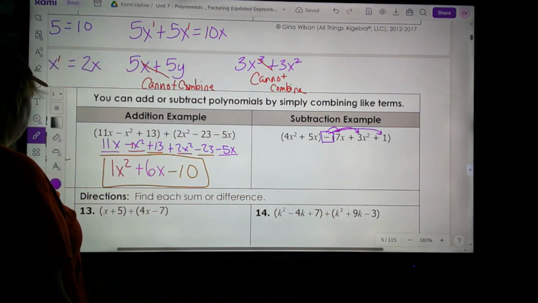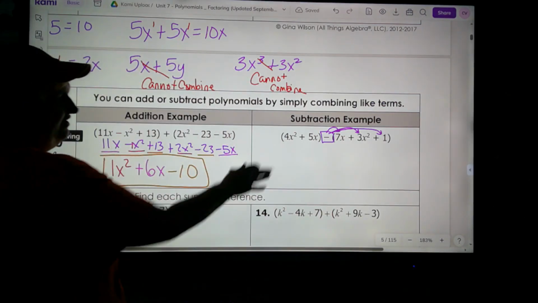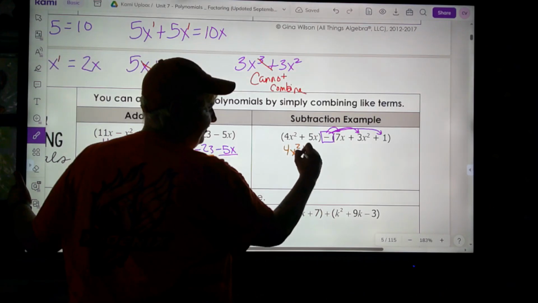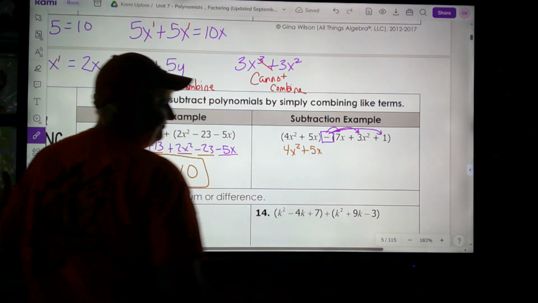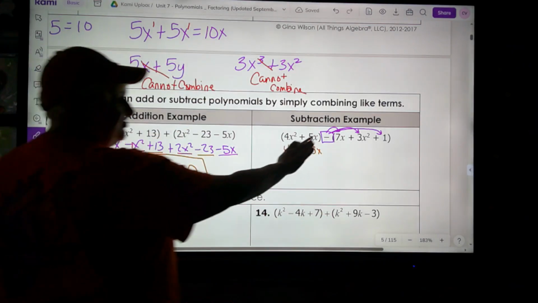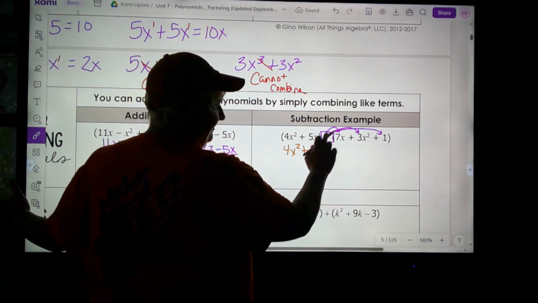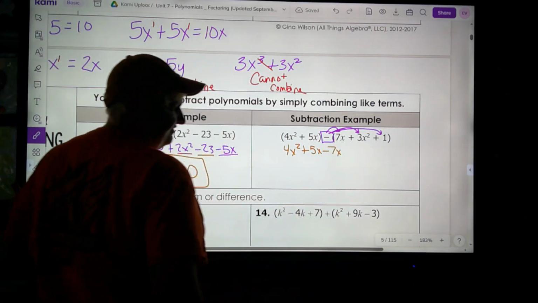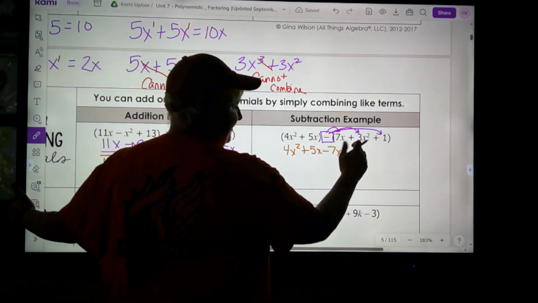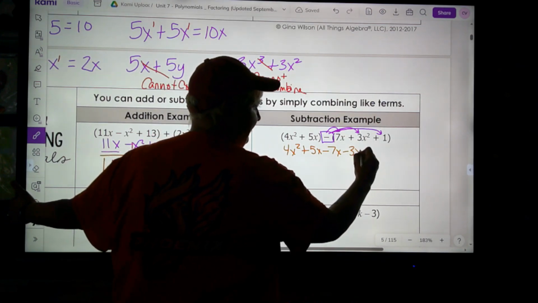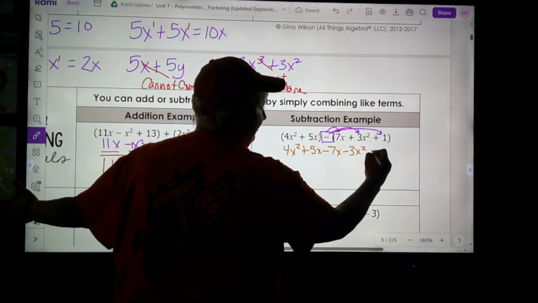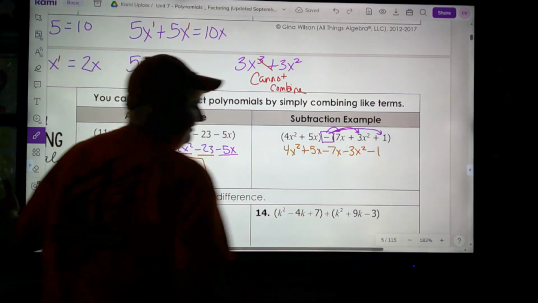So when you go to get rid of the parentheses, drop down the first one, 4x squared plus 5x, and then distribute that negative sign. Negative times 7x is negative 7x. Negative times 3x squared is negative 3x squared. Negative times positive 1 is negative 1.